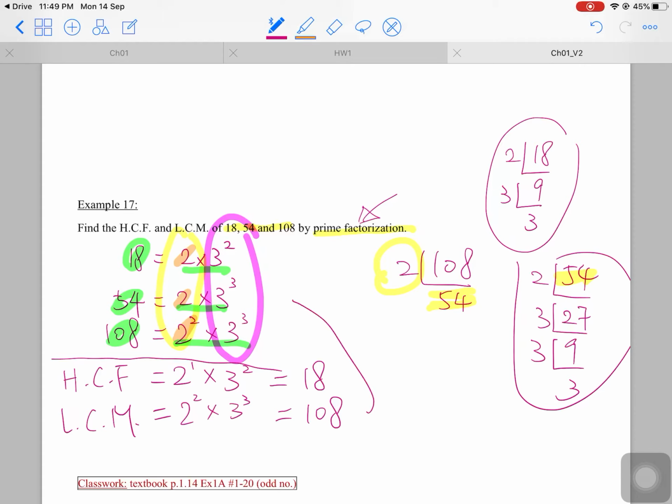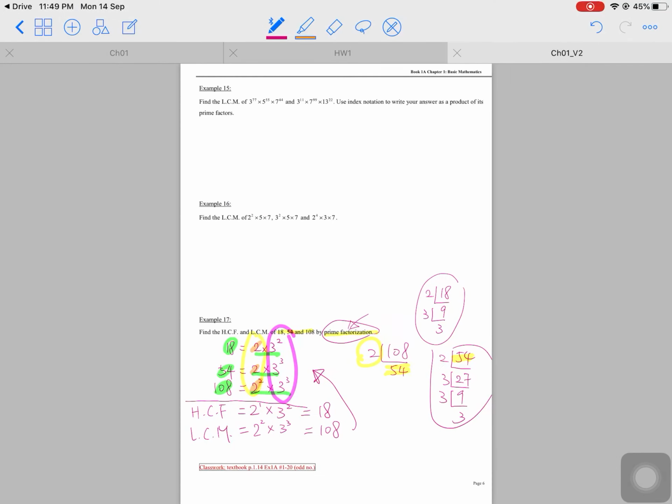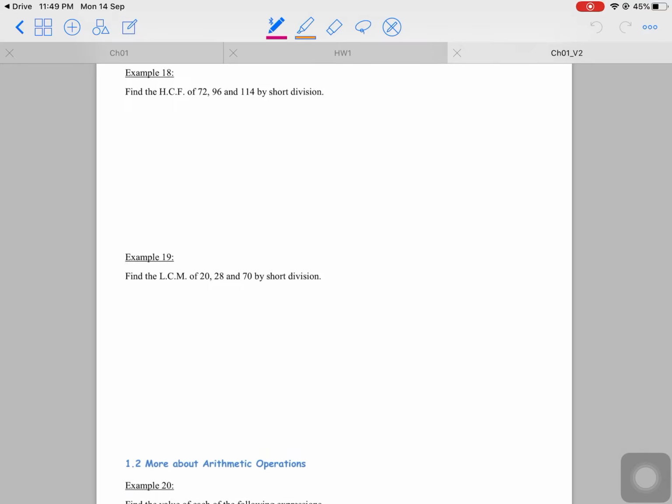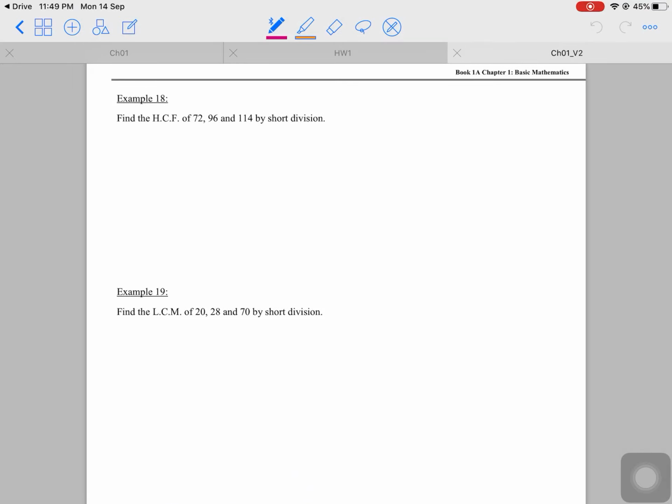So we say that this method is called prime factorization. Look at example 18 and 19. You need to find the HCF and LCM by short division. That means you can use what you learned in primary school. So you take out the 2 first.